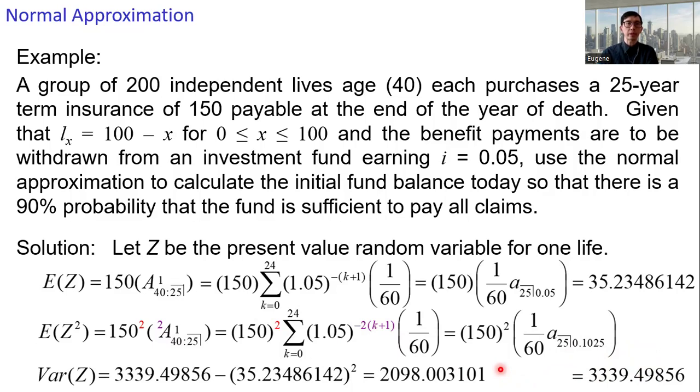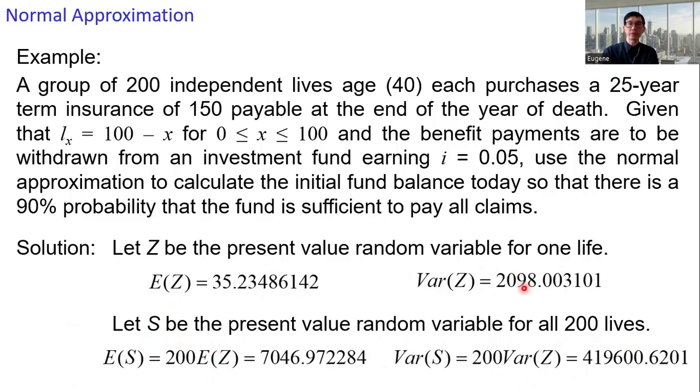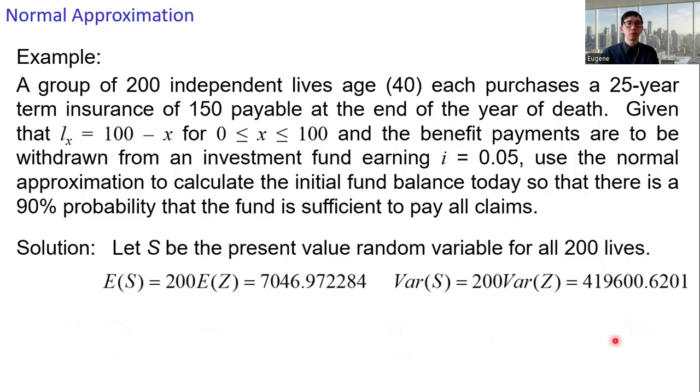All right, and then the aggregate present value random variable for all 200 lives: the expected value of S equals 200 times the expected value of Z, and the variance of S is 200 times the variance of Z. And we want to get the value of s such that the probability equals 90%, 0.9. Convert into standard normal.